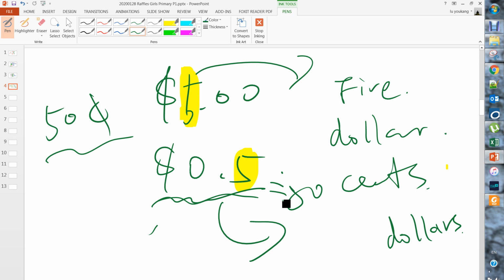In mathematics, this is not called 50 cents. It's equal to 50 cents, but it's not called 50 cents. So what is this called in mathematics? 5 cents. So 50 cents is equal to 5 cents. Does it make sense?